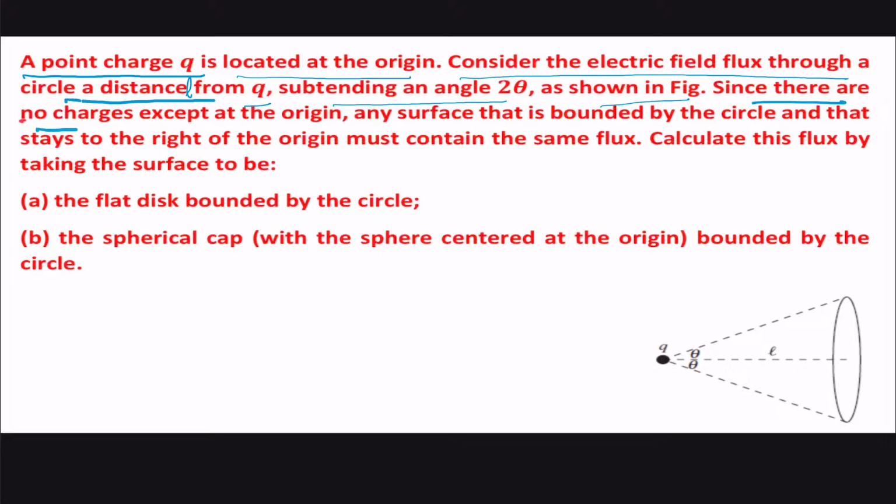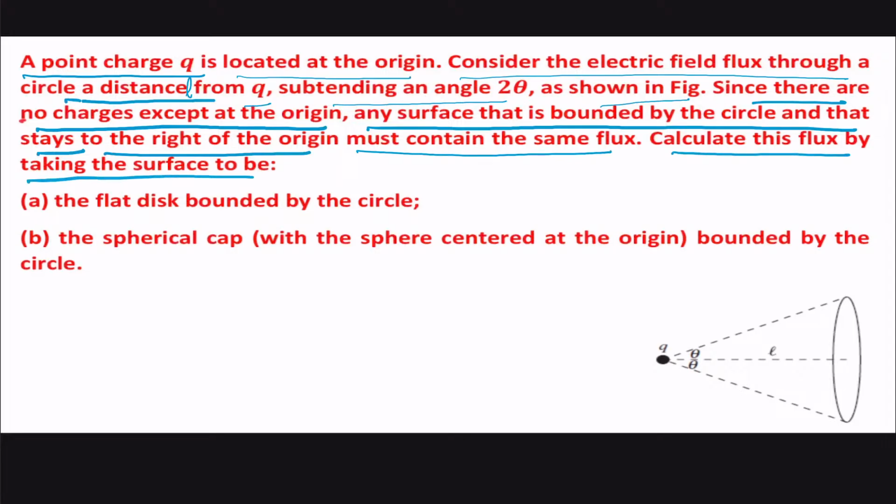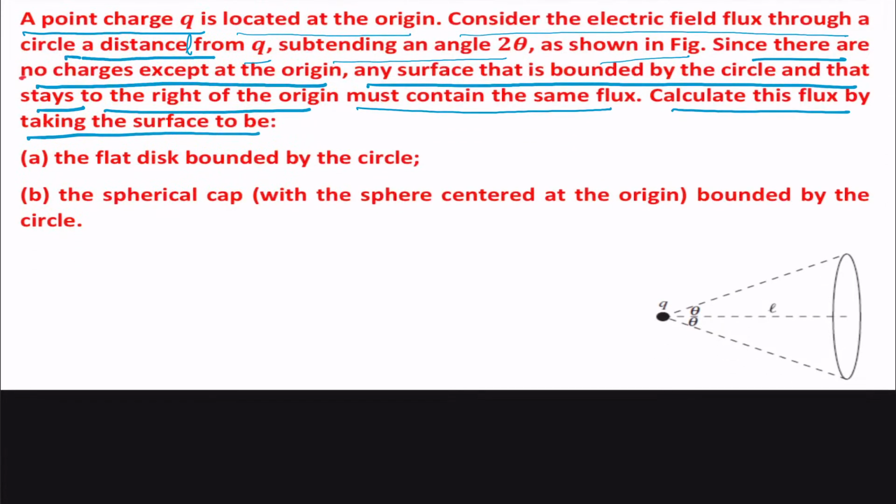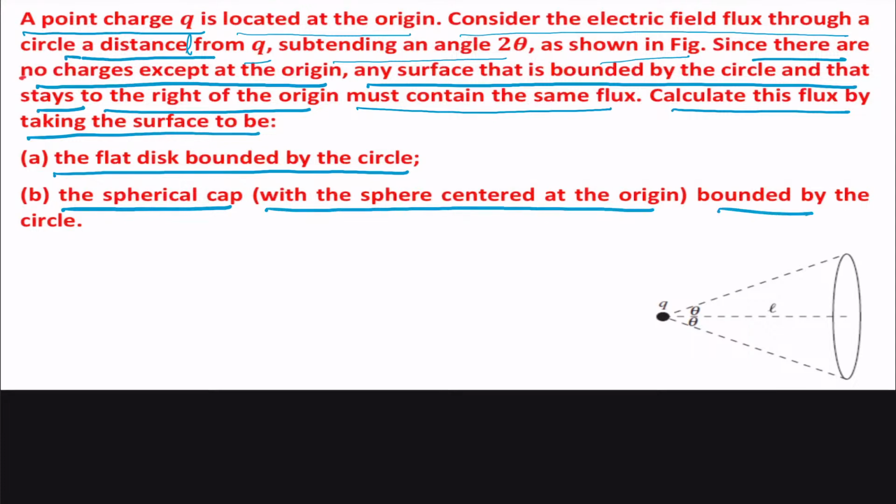Since there are no charges except at the origin, any surface that is bounded by the circle and the space to the right of the origin must contain the same flux. Calculate this flux by taking the surface to be, so we have two types of surfaces given: part A, a flat disk bounded by the circle, and part B, a spherical cap with a sphere centered at the origin bounded by the circle.